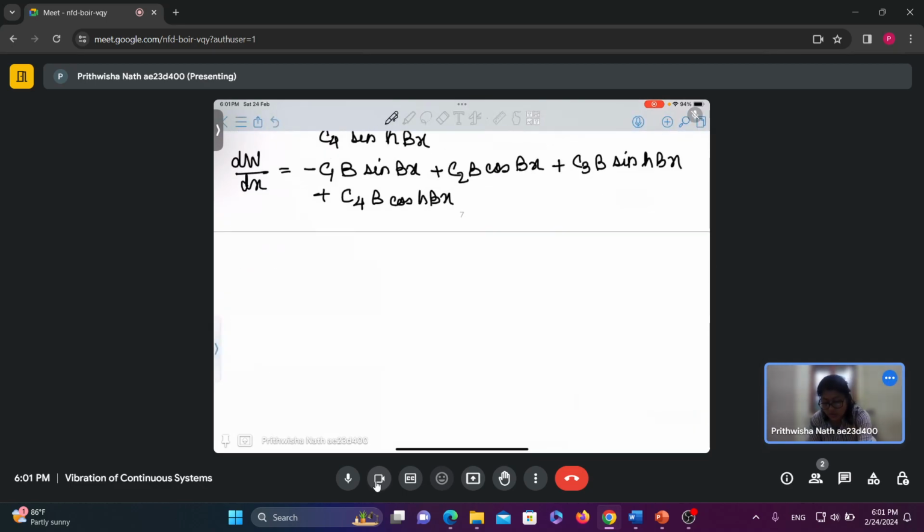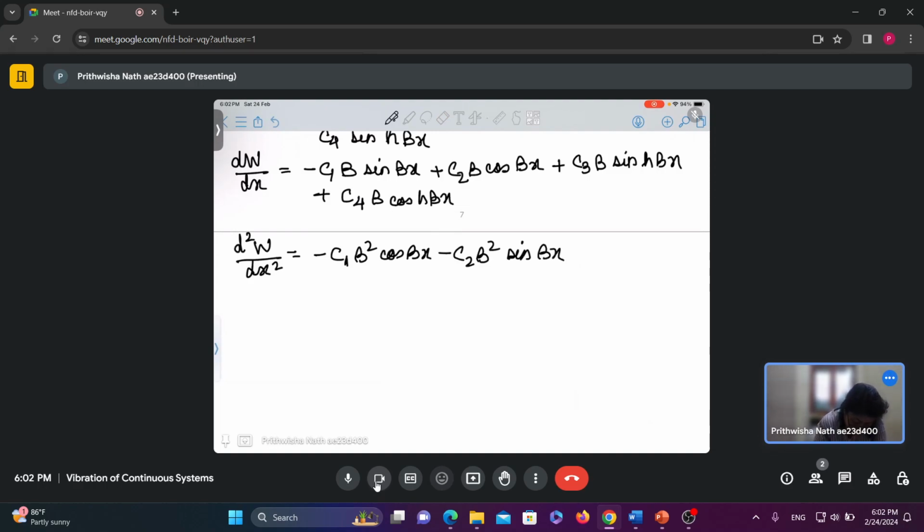Now I differentiate this equation once again with respect to x. So this becomes minus C1 beta square cos beta x minus C2 beta square sin beta x plus C3 beta square cos hyperbolic beta x plus C4 beta square sin hyperbolic beta x.